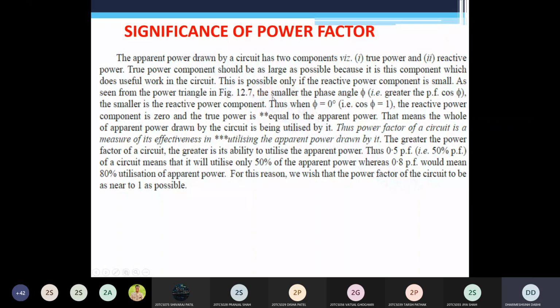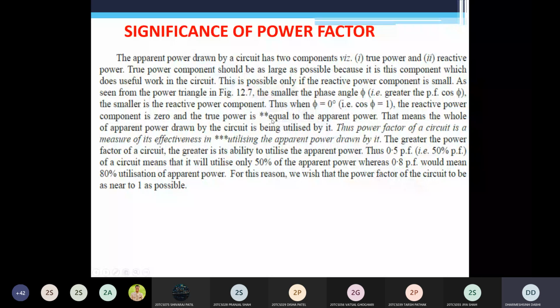The smaller the power factor angle phi, the greater the power factor. When phi is 0, you get the maximum active power and 0 reactive power.